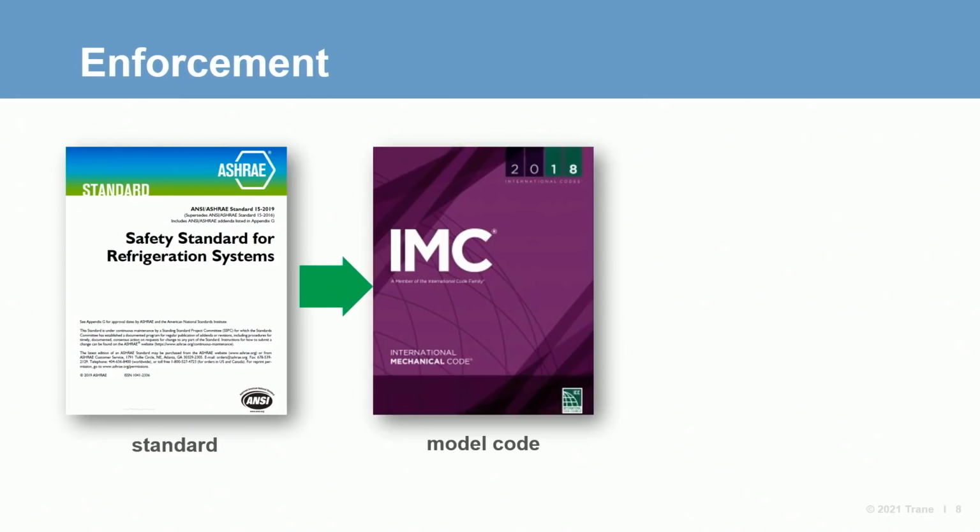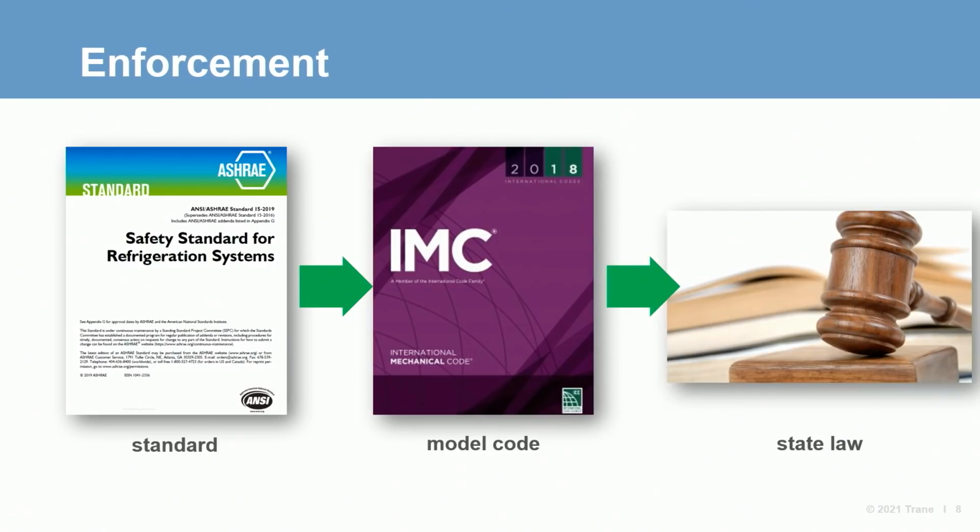First, model code organizations, such as the International Code Council, look to industry standards and other materials for best practices to use as the basis for their model codes. In this case, that's the International Mechanical Code. Then a state or other governing body adopts this model code into law, where it's then able to be enforced by building inspectors.